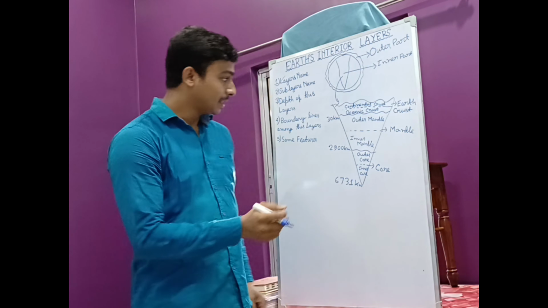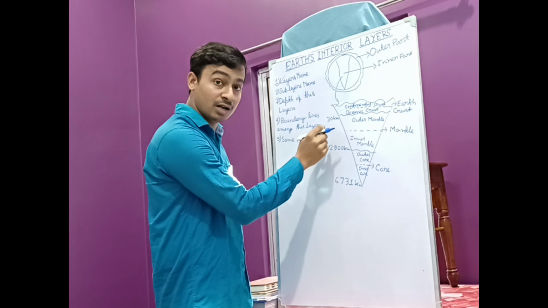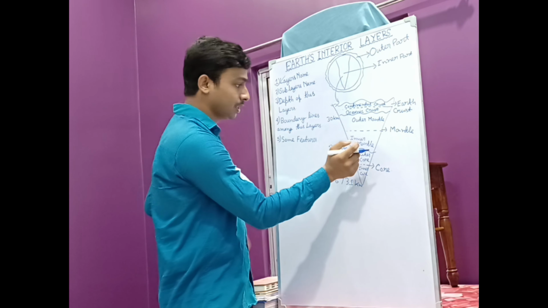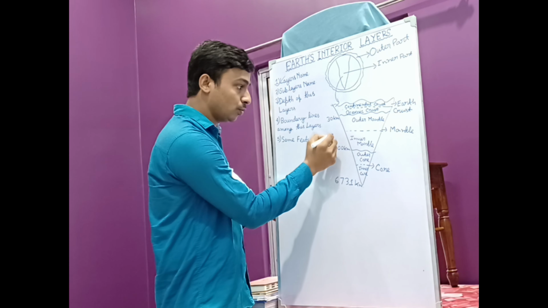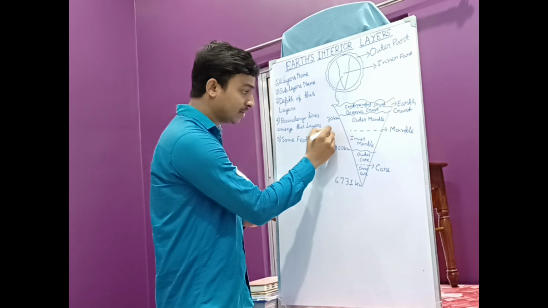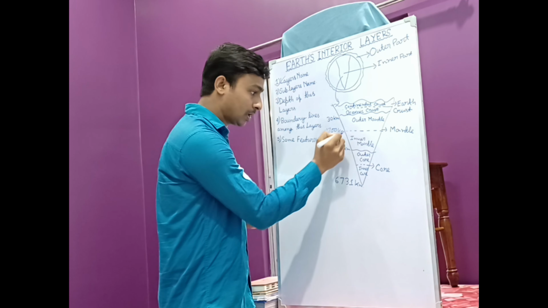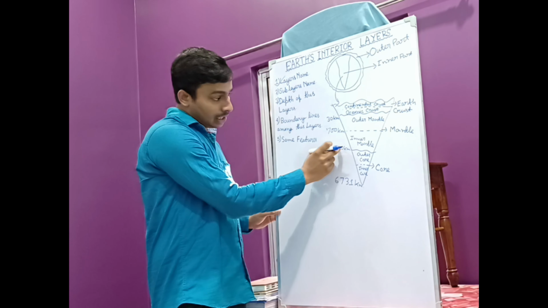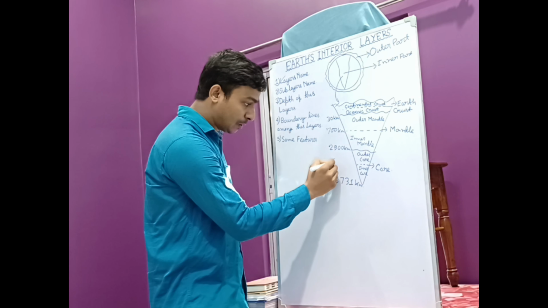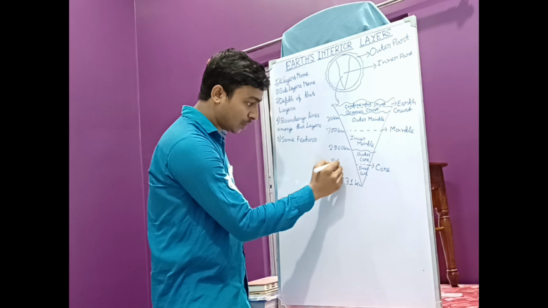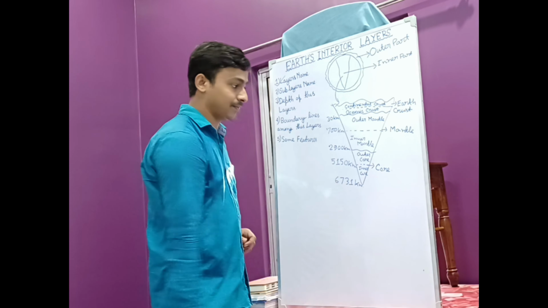And this sublayers depth also I call. First, 30 km to outer mantle 700 km, and mantle to outer core is 5150 km.